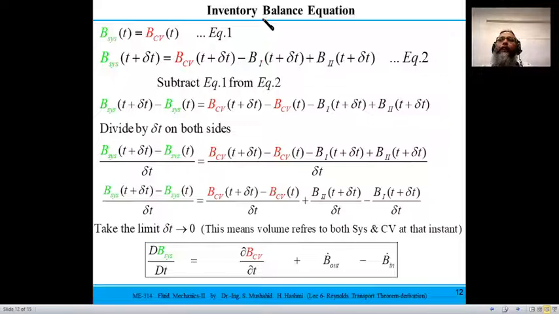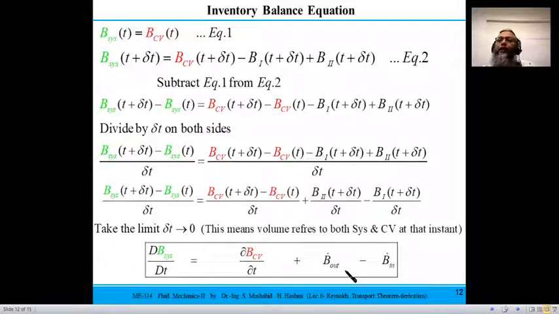We call it an inventory balance equation. This is valid for any extensive property. You see the left hand side is talking about the system, the right hand side is talking about the control volume, because in a system no mass can change, but in a control volume the extensive quantity can change because something is coming out, something is coming in.